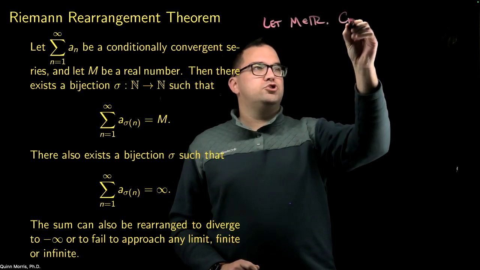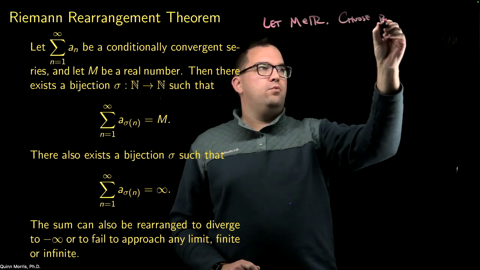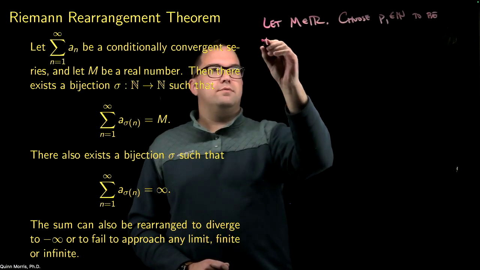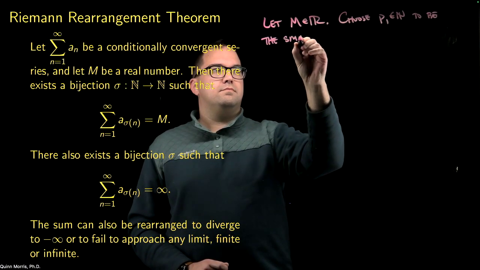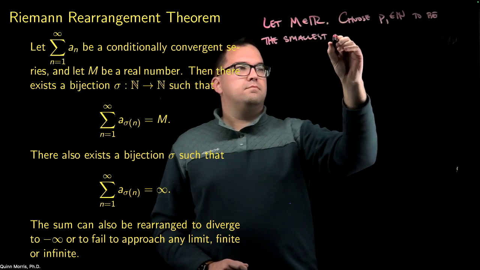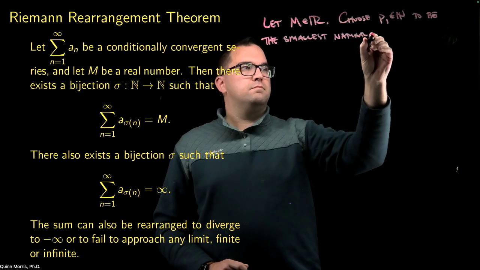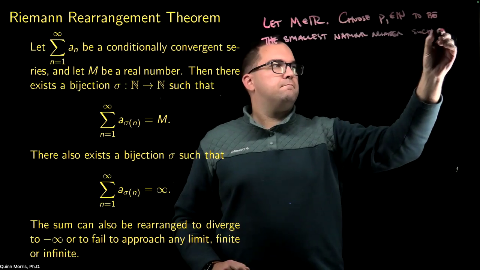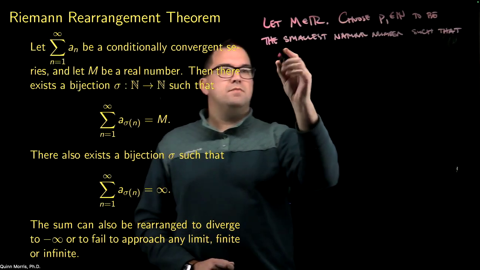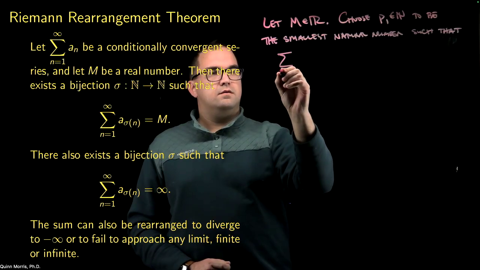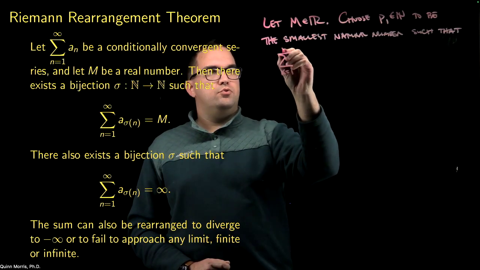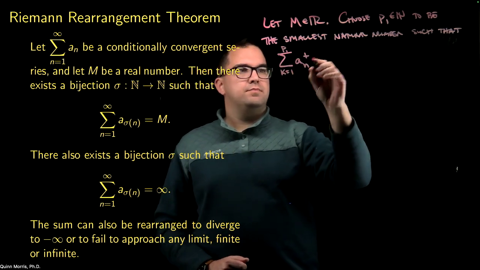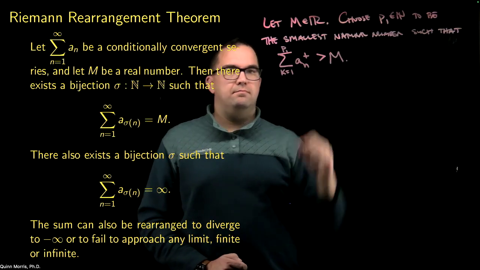What I'm going to do is first choose a natural number p sub 1 to be the smallest natural number such that the sum k equals 1 up to p sub 1 of a sub n plus is greater than m.